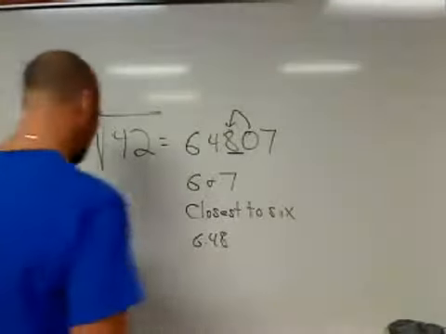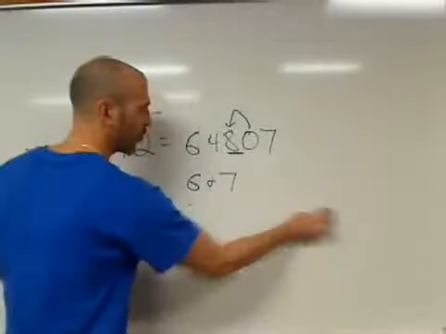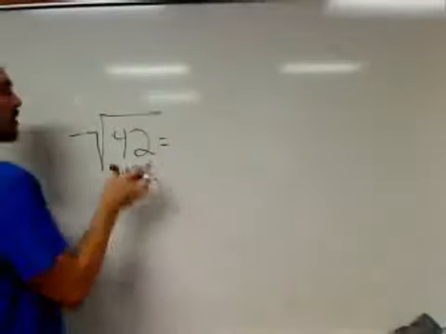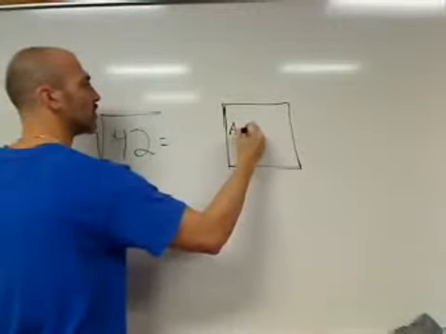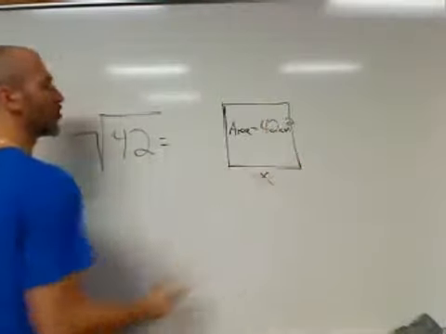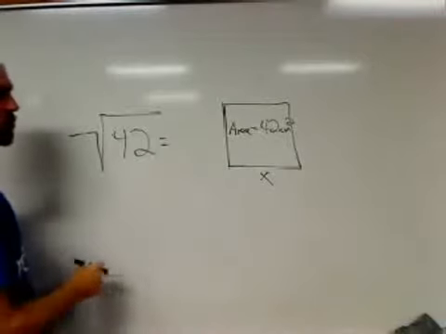The last thing they would ask you to do is to find the missing side of a square. And you might say, well, how does that correlate with this problem right here? It's very simple. This problem is the exact same thing as this problem. In other words, what's the square root of 42? What number multiplied by itself equals 42?